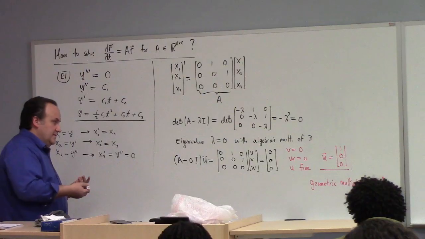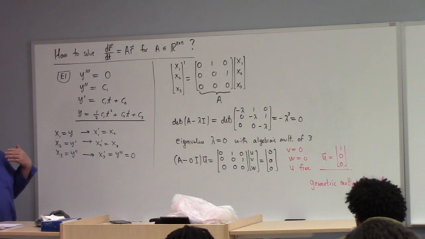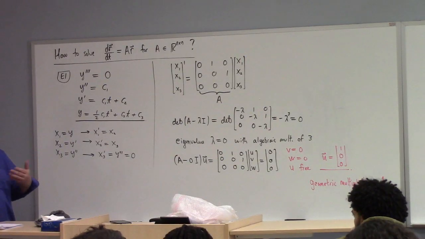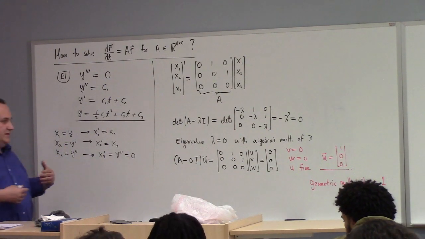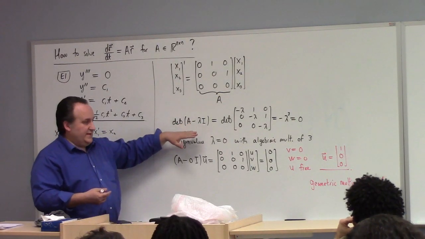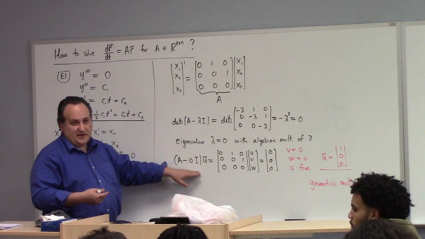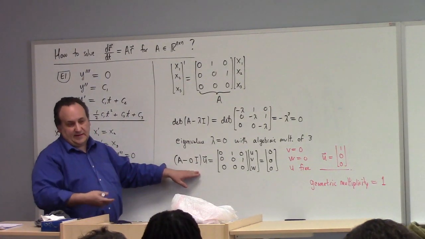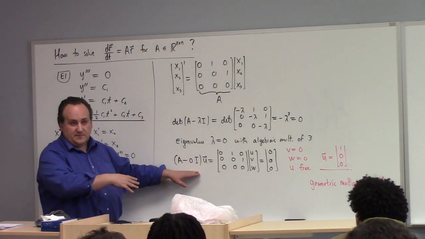For an eigenvalue, the algebraic multiplicity is the number of times that that eigenvalue appears as a solution to the characteristic equation, right? So algebraic multiplicity is a statement about the characteristic equation. Geometric multiplicity, on the other hand, is the dimension of the eigenspace corresponding to the eigenvalue. It's the number of linearly independent eigenvectors you get for that given eigenvalue.